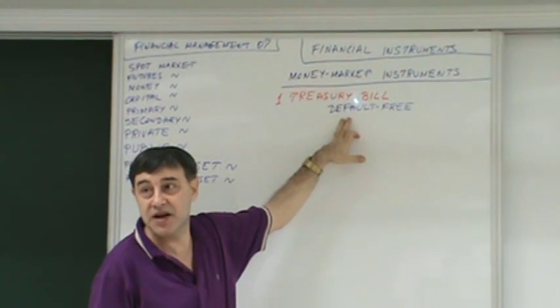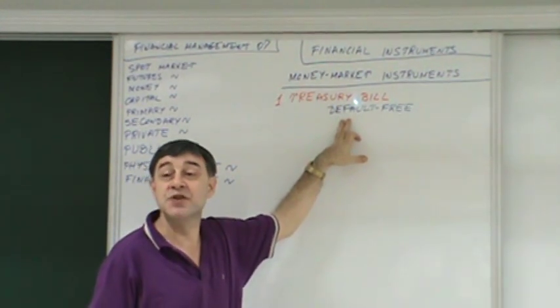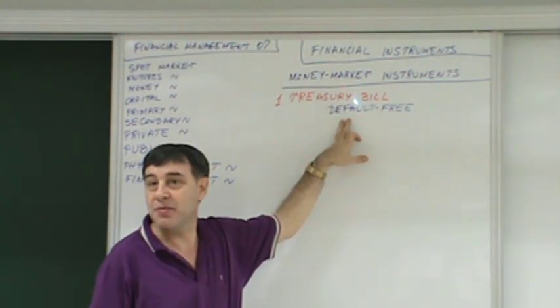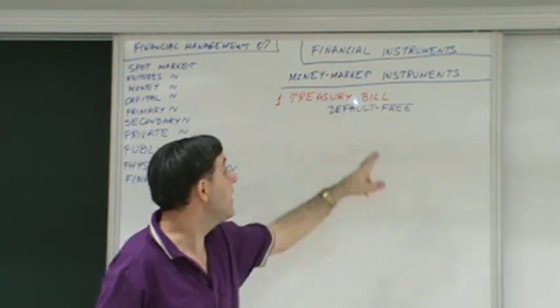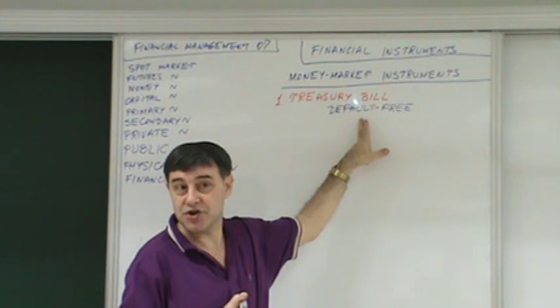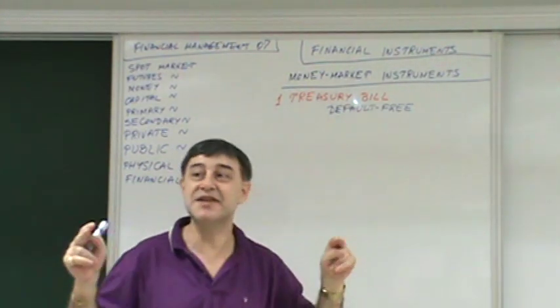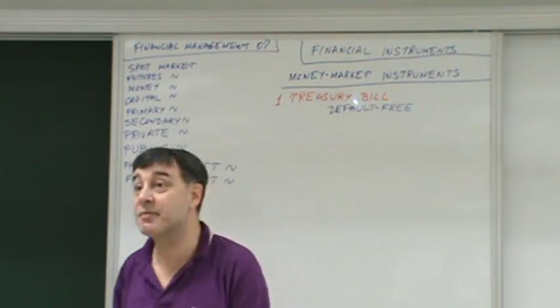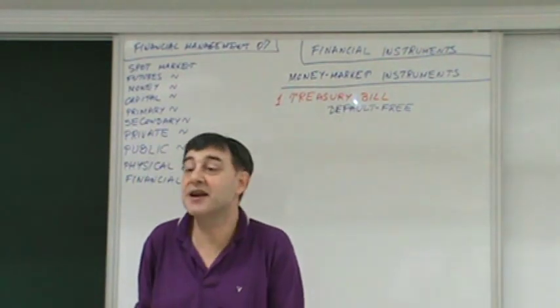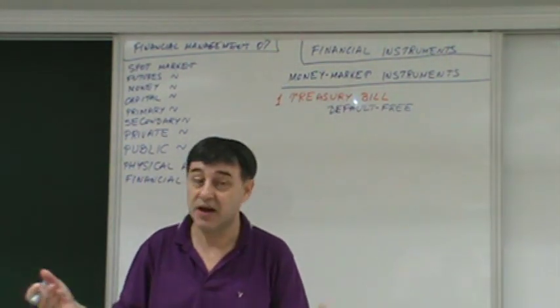of default, because no matter what happens, no matter how deep in trouble the government is, it will just print more money and pay back its treasury, okay? Well, right now this is exactly the situation in the United States today. The United States government cannot effectively and technically cover all of its debts.